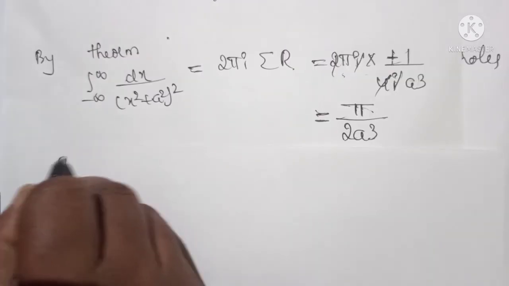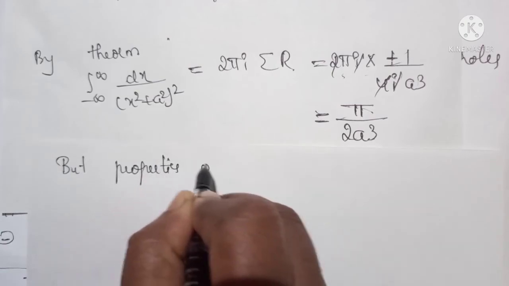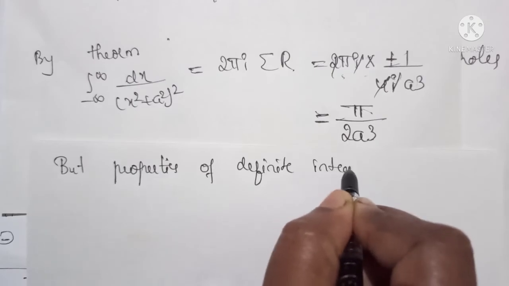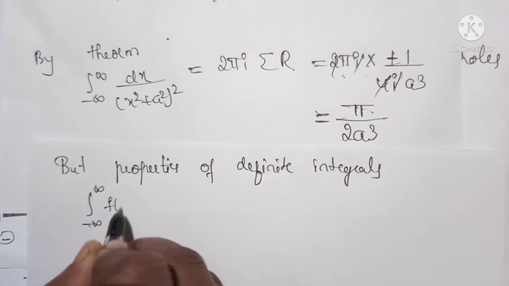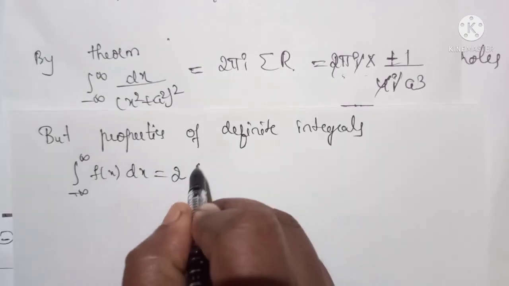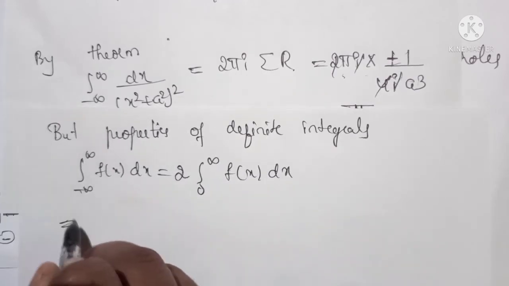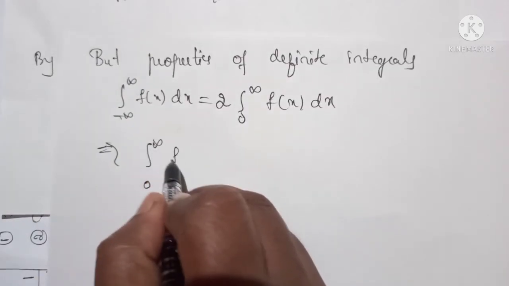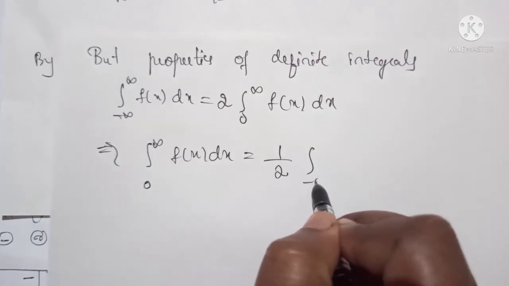But by the properties of definite integrals, the integral from minus infinity to infinity of f of x dx equals 2 times the integral from 0 to infinity of f of x dx. So the integral from 0 to infinity of f of x dx equals 1 by 2 times the integral from minus infinity to infinity.